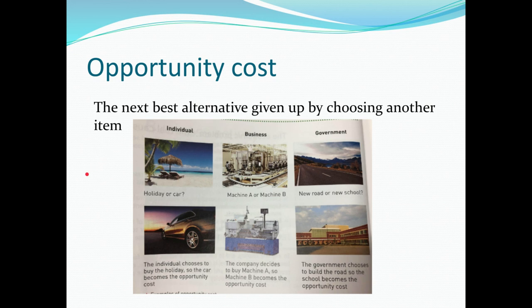Okay, let's say you're an individual and you only have 100,000 real. What is your plan? Do you want to have a holiday or do you want to buy a car?